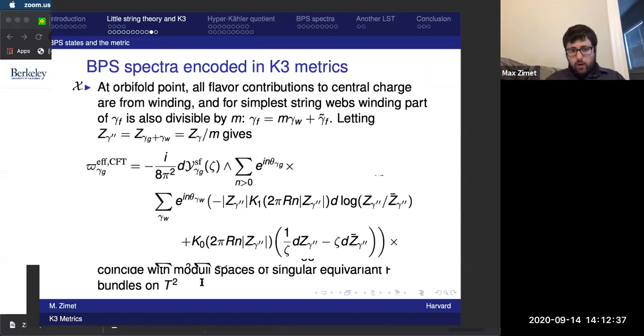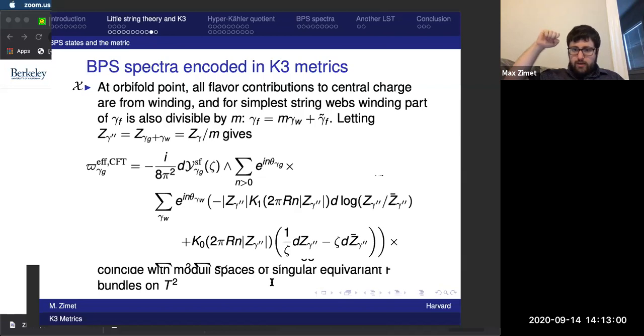Yeah, so if one wanted, what one could do, but I don't think this has been done yet, and I've actually been talking to some mathematicians about this, is study a gluing problem where one glues in some Hitchin moduli space in one of the corners of a K3 surface.